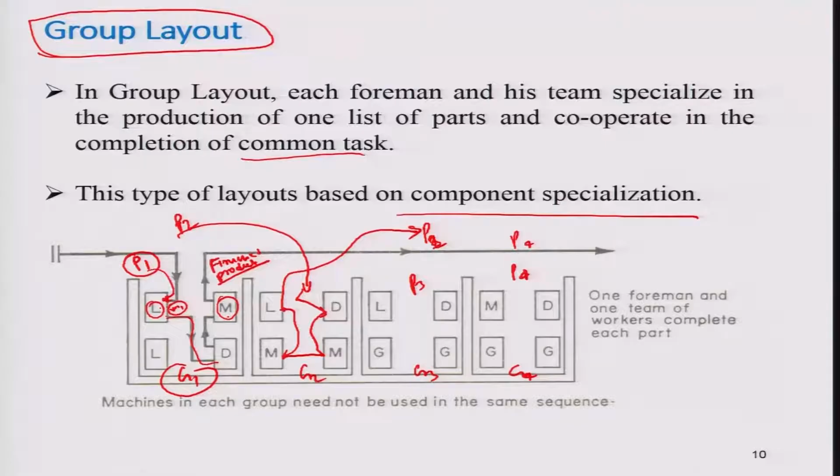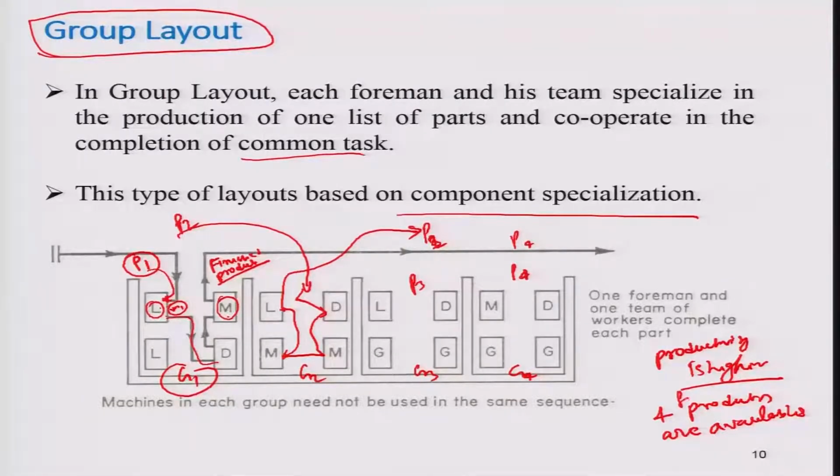But here productivity is higher in this case, because all machines are engaged at the same time, and 4 finished products are available. Okay, so this is the most appropriate layout that is being used in industry.